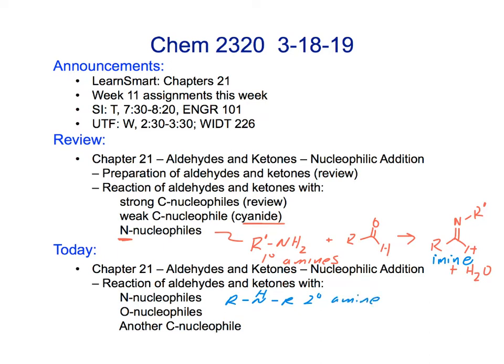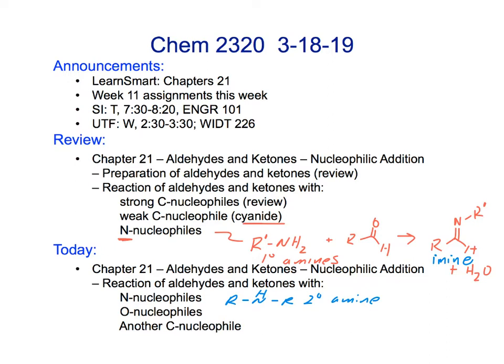Most of the mechanism will be just the same, but it'll be different at the end because this secondary amine has two alkyl groups attached to the nitrogen. Nitrogen with 4 bonds has a plus charge, so it isomerizes in a different way to give us a neutral product. So there's just one difference at the very end.